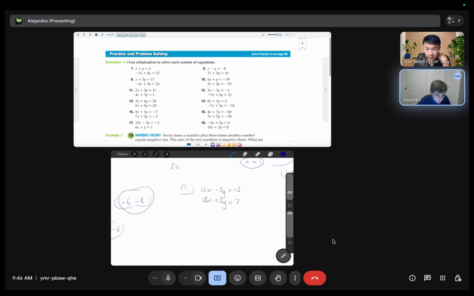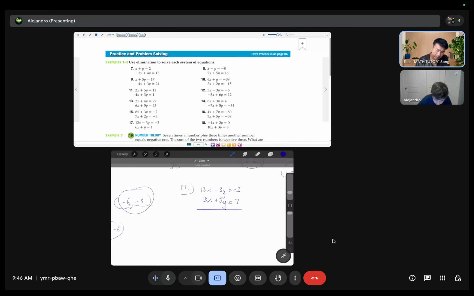Is that okay? Double check my math here. And then add them straight down. Get 0 here. Whatever this is doesn't matter because your x is going to be 0.